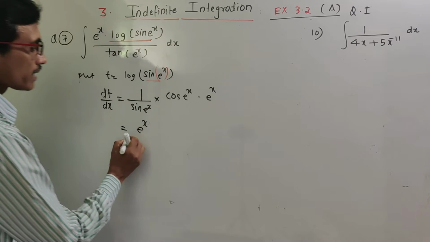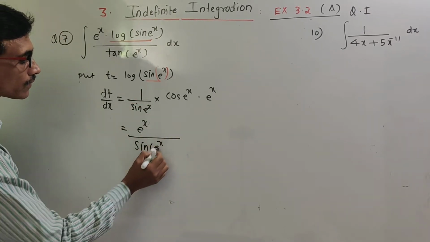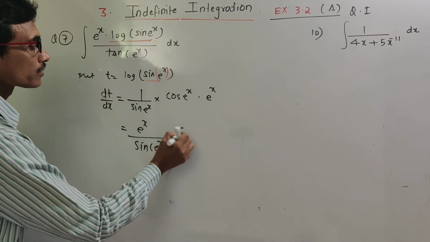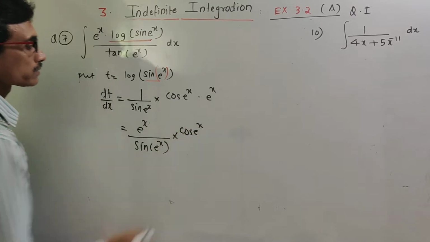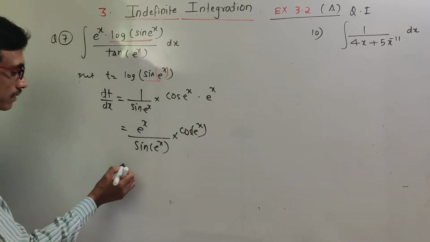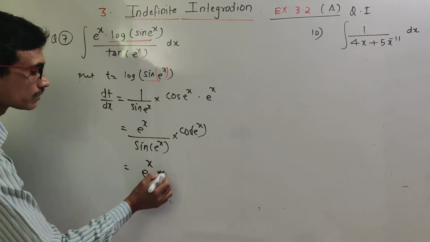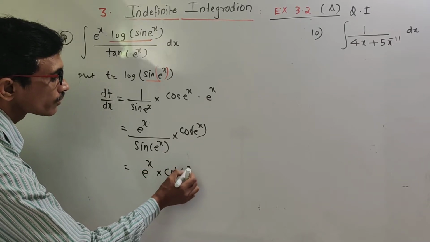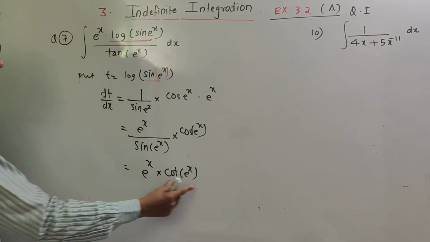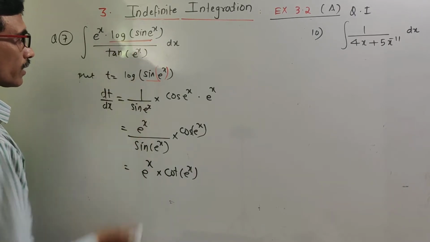So cos upon sin we write as cot, and 1 upon tan is nothing but cot of e raised to power x, into e raised to power x.